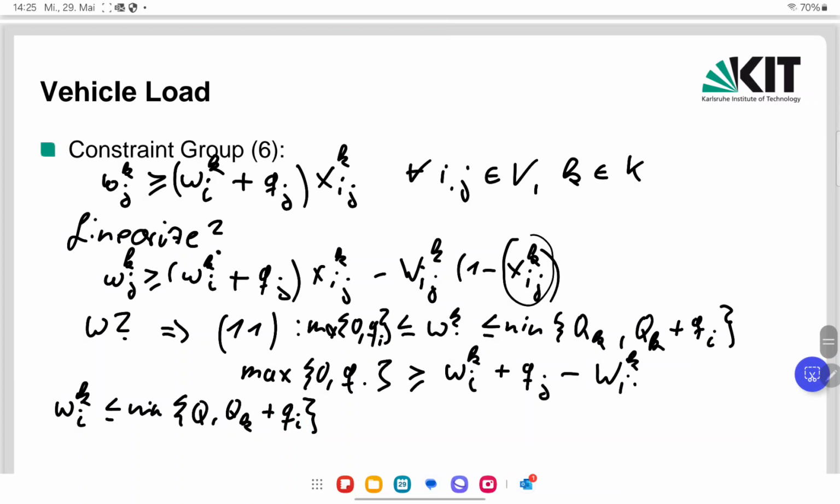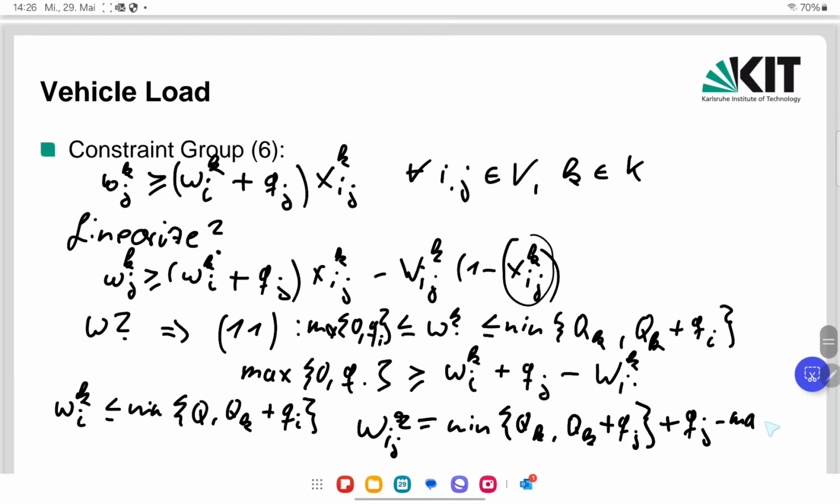So we know this is our upper bound, and now we can use that by replacing this W. So our capital W is then the minimum, so we replace the decision variable by this upper bound as before when we talked about the arrival time, plus Q_J minus the maximum of 0 and Q_J. Okay.